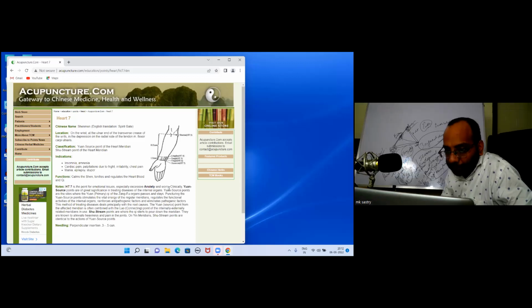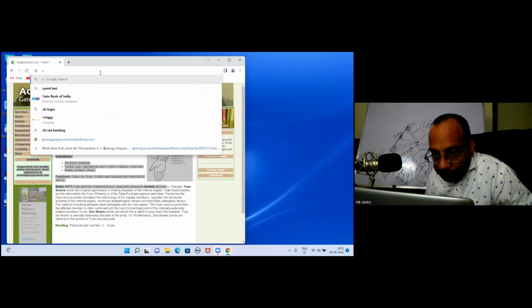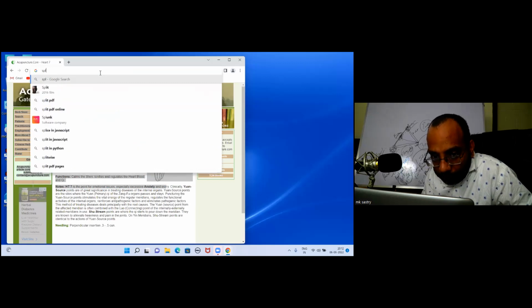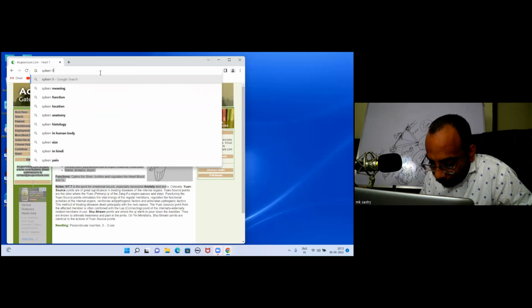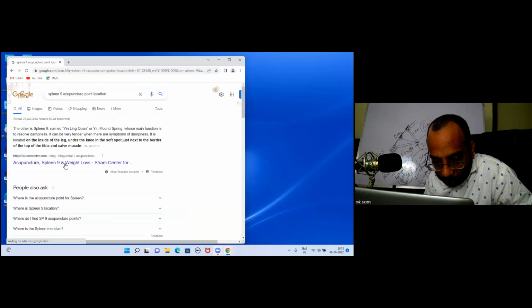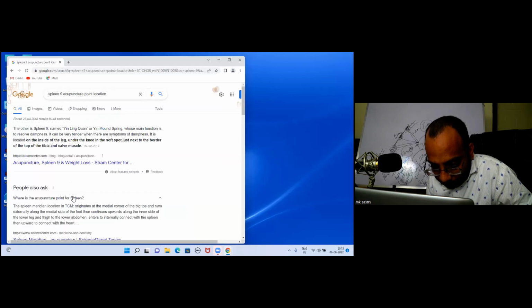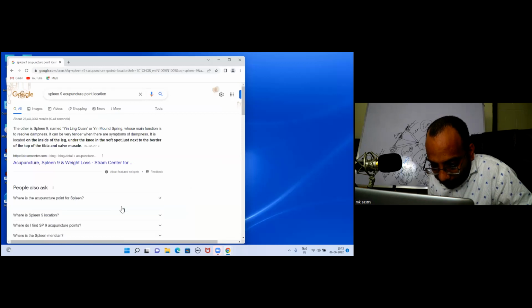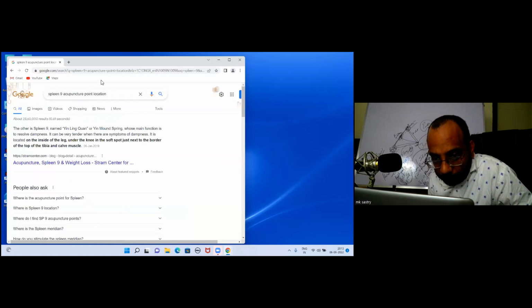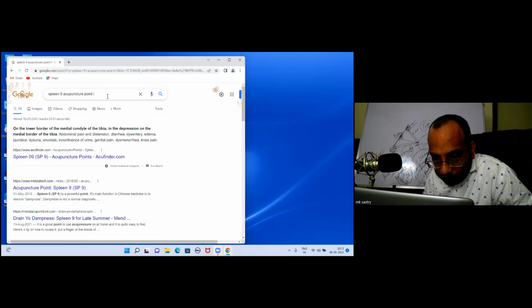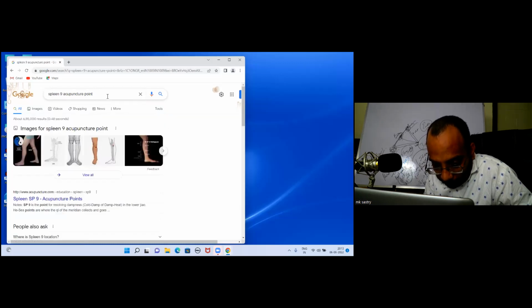Now comes Spleen 9. Damp heat of the lower jiao, a he-sea point where the Q of the meridian goes.